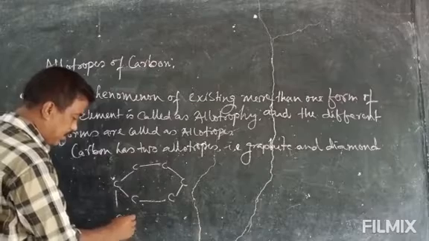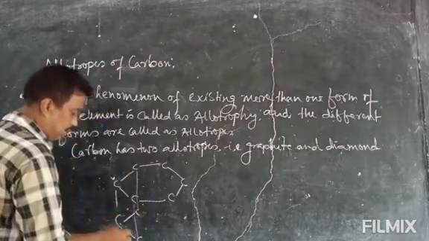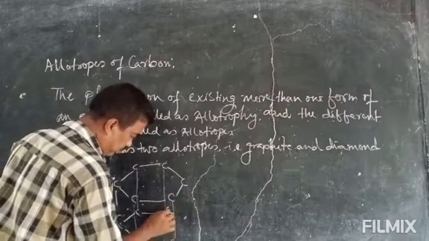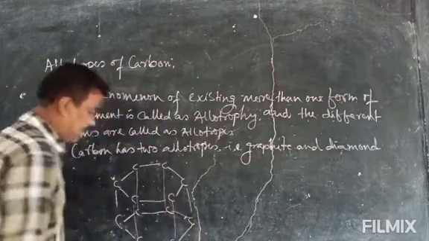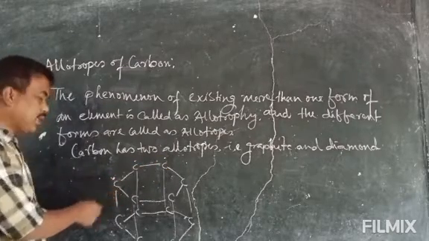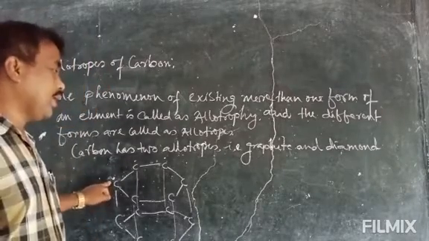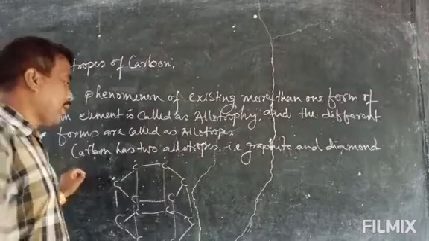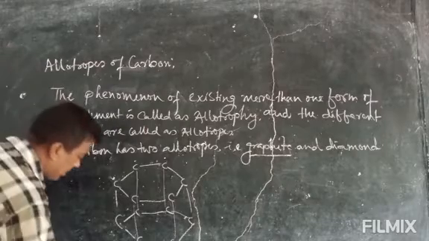Layer by layer, hexagons will be formed like this. So each carbon atom has 3 bond pairs and 1 single electron, and these single electrons allow the flow of electrons, and thus graphite is a good conductor of electricity. So this is for graphite.